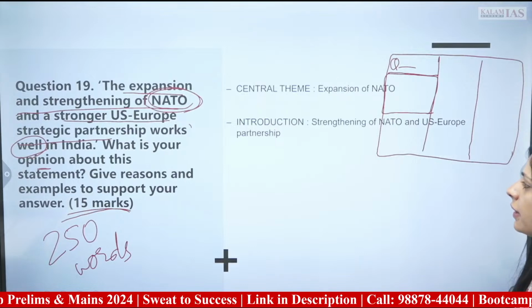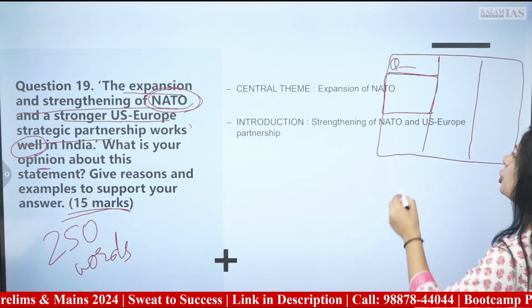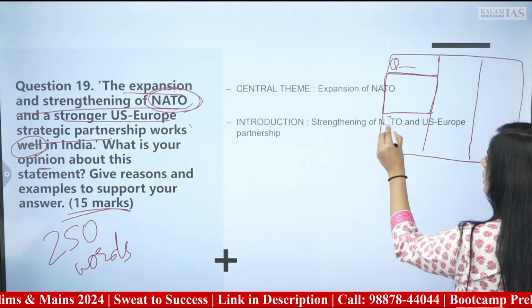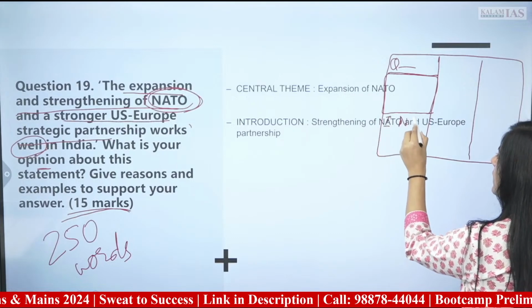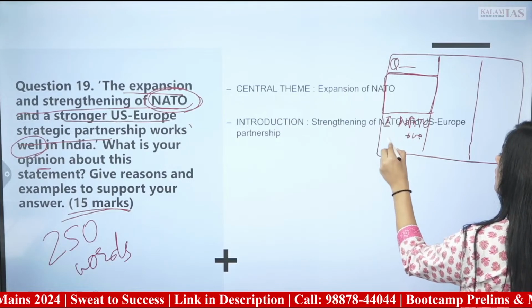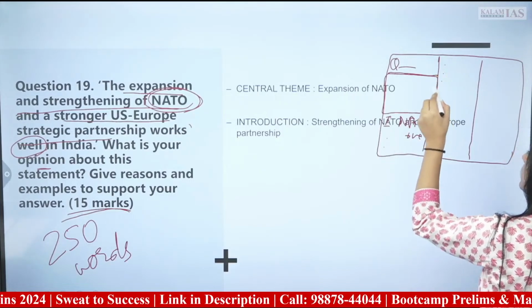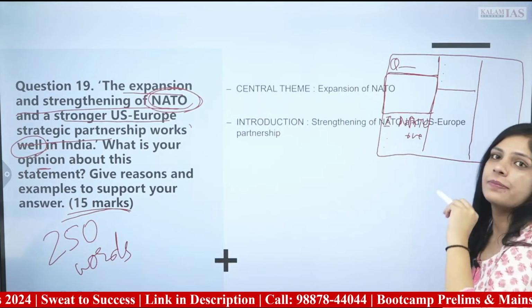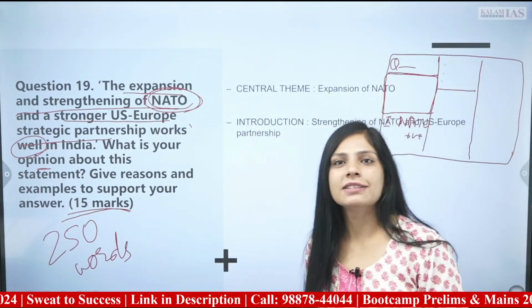Then you can take it in 2 parts. First, strengthening of NATO, positives around it. You can give 3-4 points in it. Then, what would be the second part?